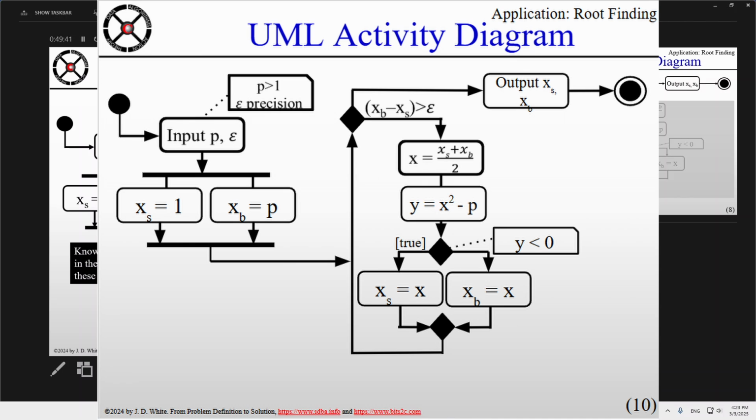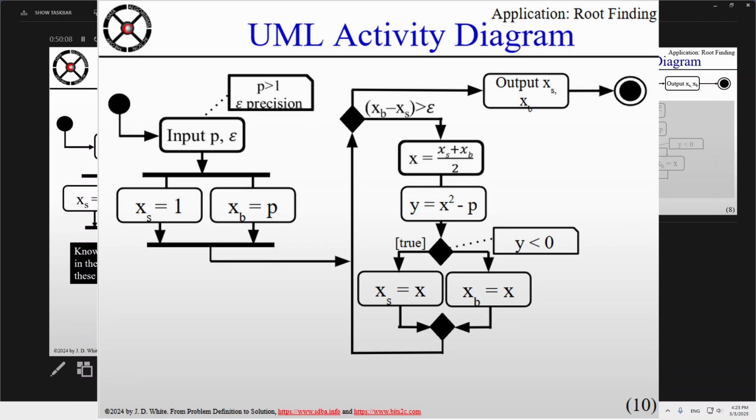I can then make my small number xs equals 1, xb equals p. Why do I want to do this? Because I know that any root will be in the range 1 less than x less than p. And we can use these limits as our first guess. Okay?